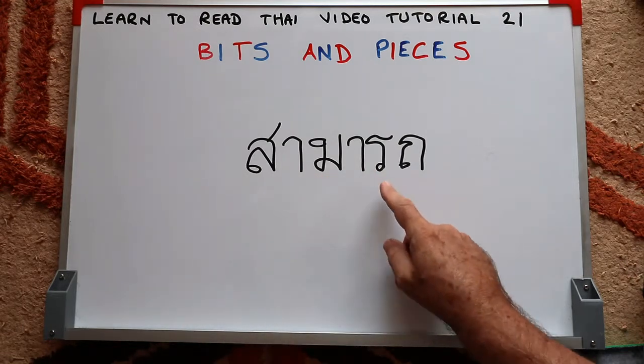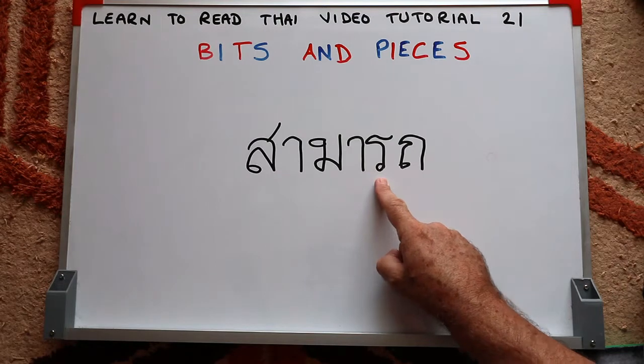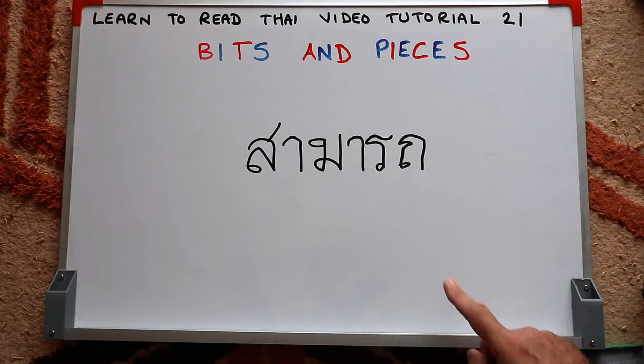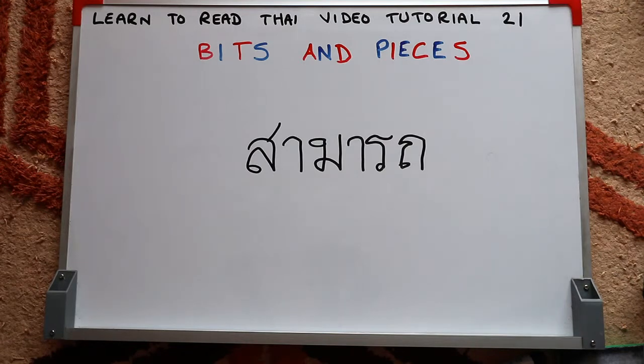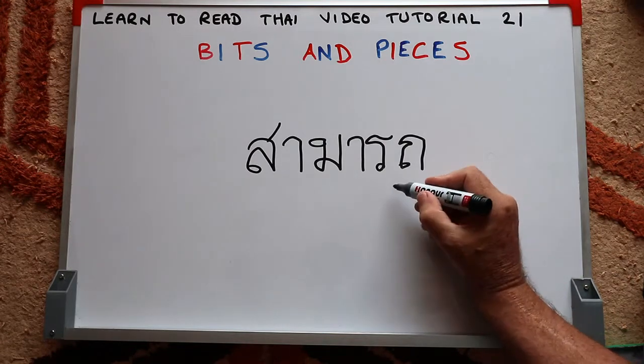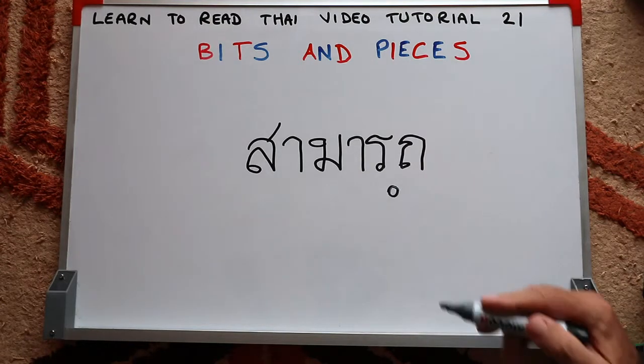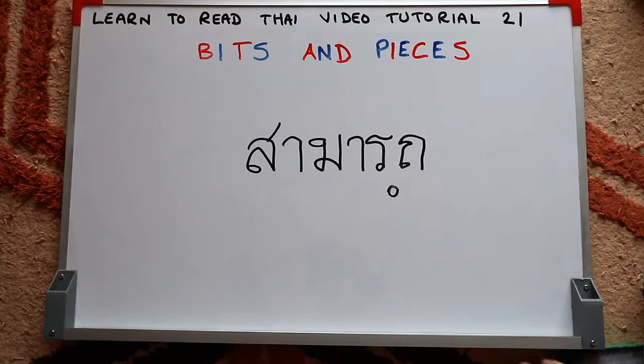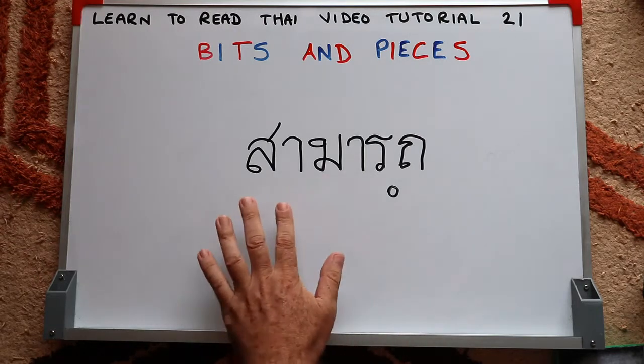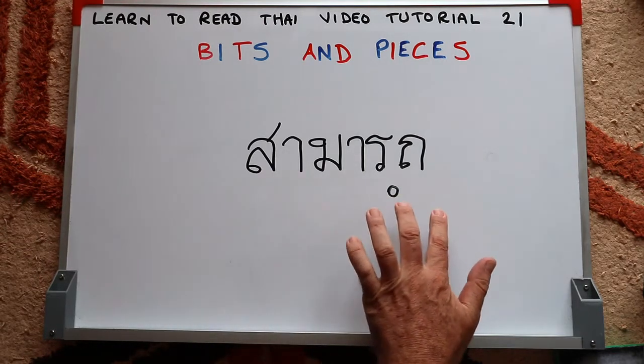And then all we're left with is an R consonant, ro, rua, and the tor tung T consonant. And when we have two consonants together without a vowel, we normally have to include an implied vowel. So if I didn't know this word, I would probably think it was sa, ma, rot.